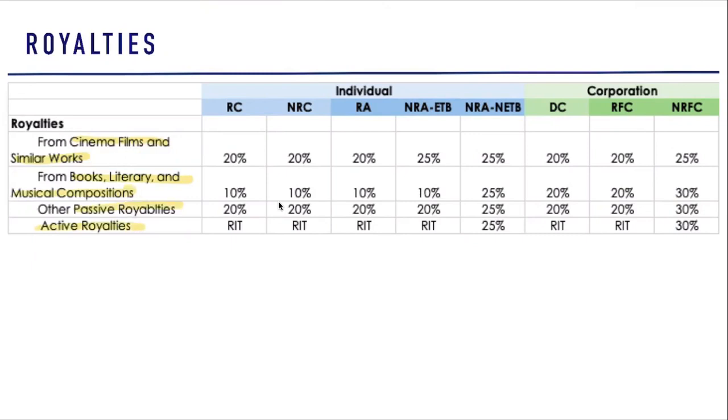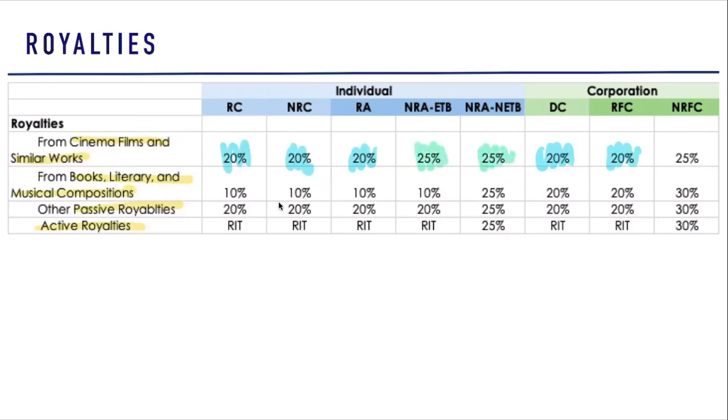So if that is cinema films and similar works, for your resident citizen, NRC, RA, DC, and RFC, 20%. So the same dito. If that is NRA, ETB, 25%.